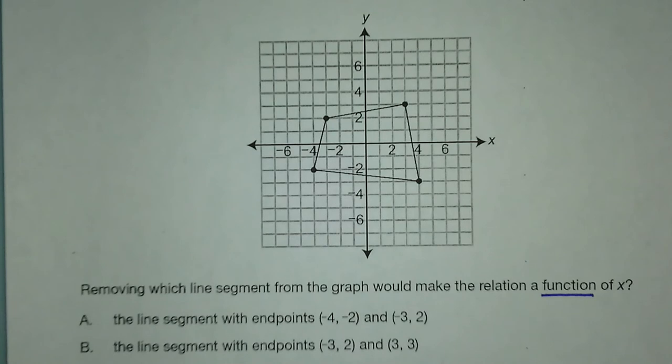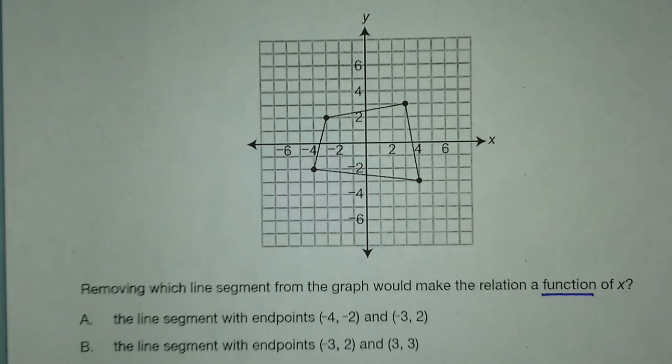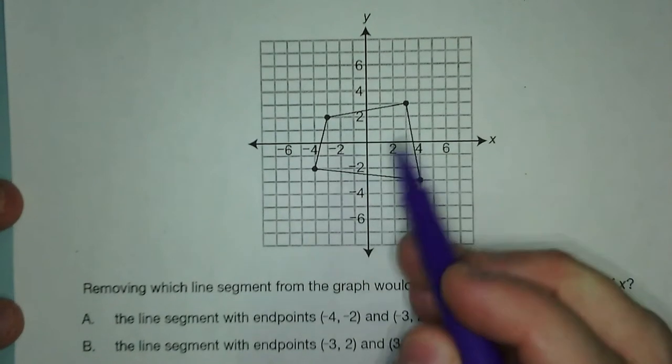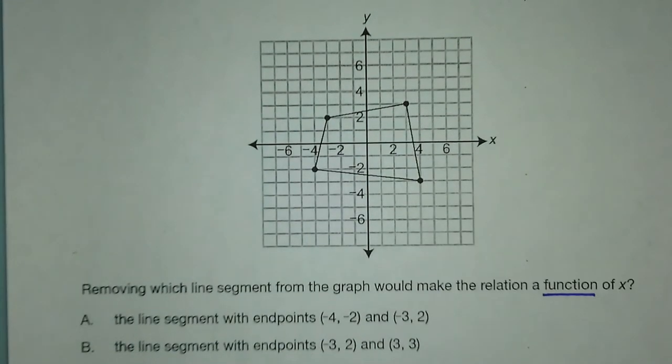Now, there's certain ways to tell, depending on if they show you a graph or a table. There's certain quick ways to tell if something's a function. When it comes to a graph, how do we tell if it's representing a function by looking at a graph?